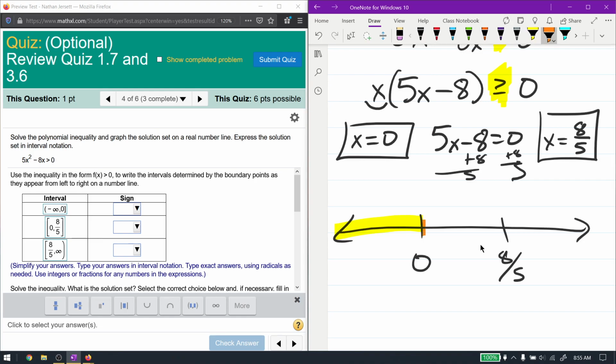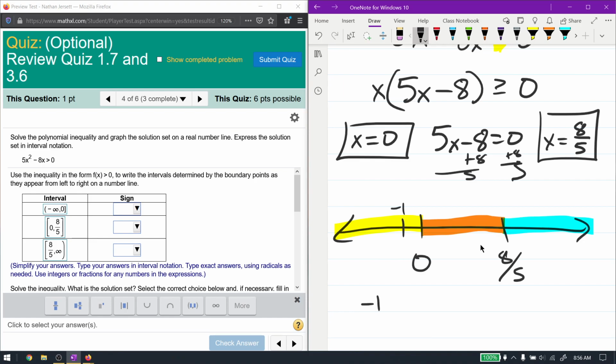What we're going to do is choose a number in these intervals and plug it into this inequality and see if it's true or not. Or you can see if it's positive or negative. We can test any number. You can test a very large number, but I can just test -1.